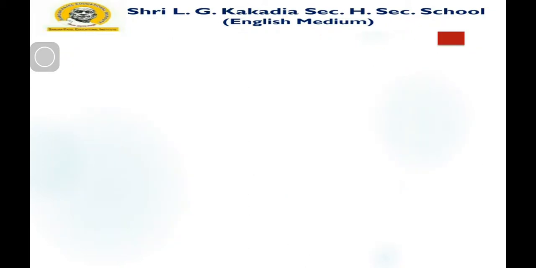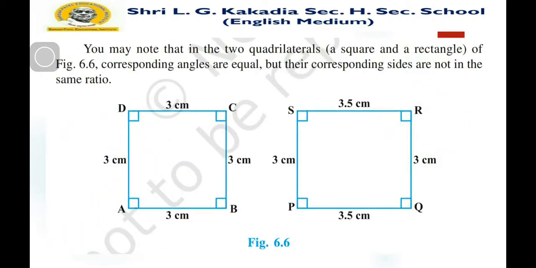Now let's consider this. You may note that in the two quadrilaterals of figure 6.6, corresponding angles are equal. Here you can see two rectangles, and in a rectangle all the angles are 90 degrees. So A corresponding to P is equal, B corresponding to Q is equal, C corresponding to R is equal, and D corresponding to S is equal. So all angles are equal.